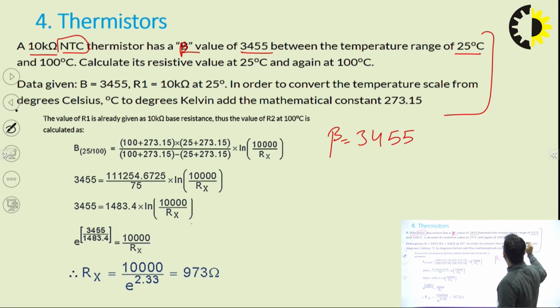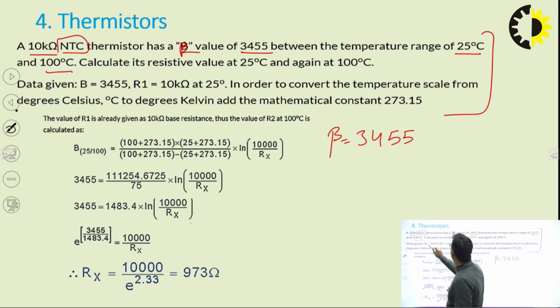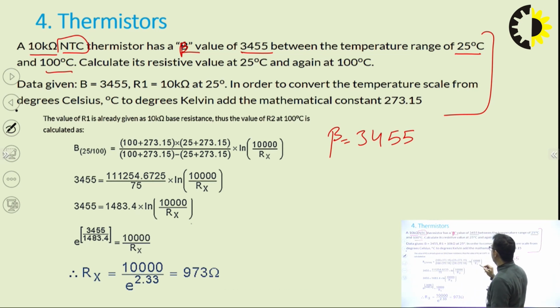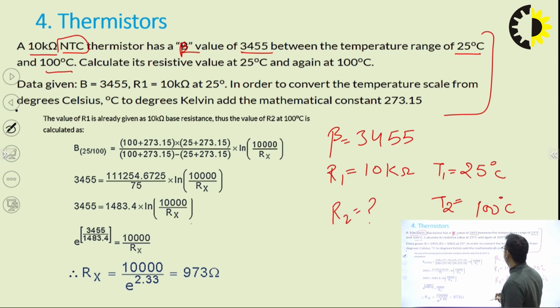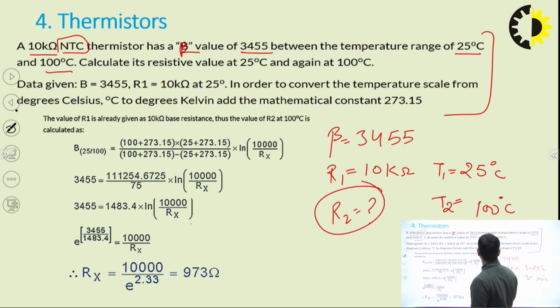Temperature range 25 to 100 degree centigrade. So R1 is 100 kilo ohm, T1 is 25 degree centigrade, T2 is 100 degree centigrade, and R2 we are supposed to find.